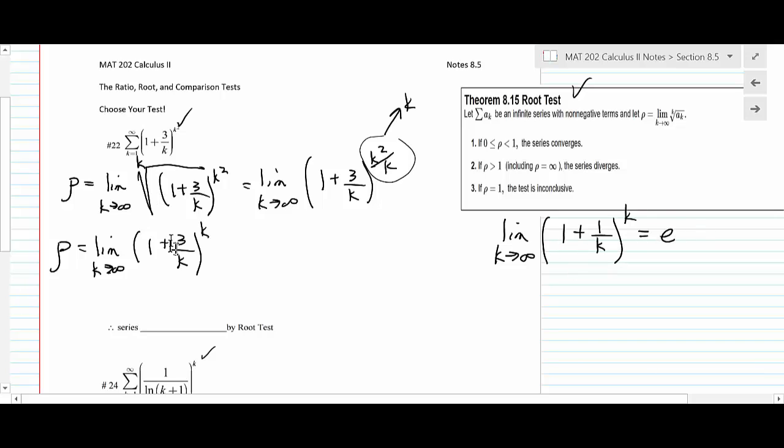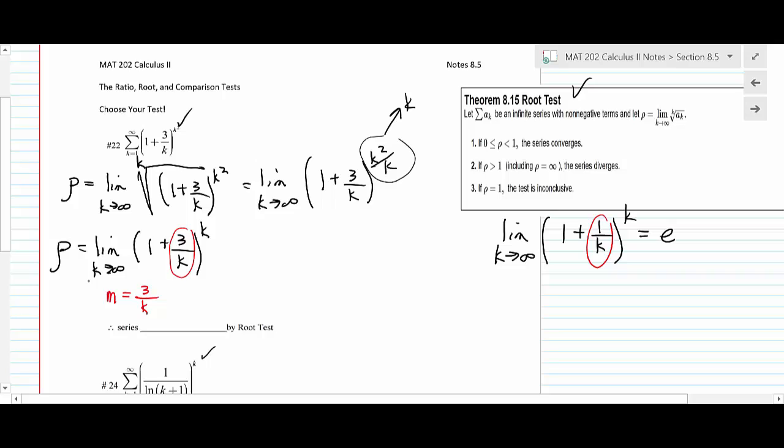And if you look at this problem, it looks almost the same, doesn't it? So I have a suspicion the value of this limit is going to have something to do with e. Now what I'm going to do is a real simple substitution, because I want to turn this into this. I'm going to pick a variable, say m, and let m be 3 over k.